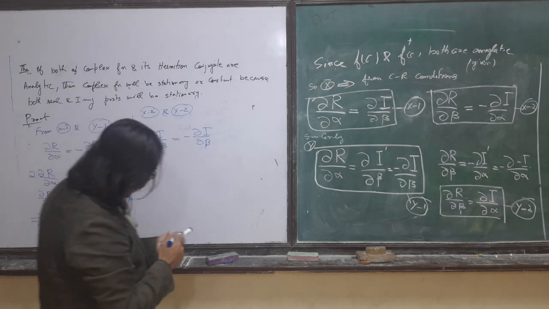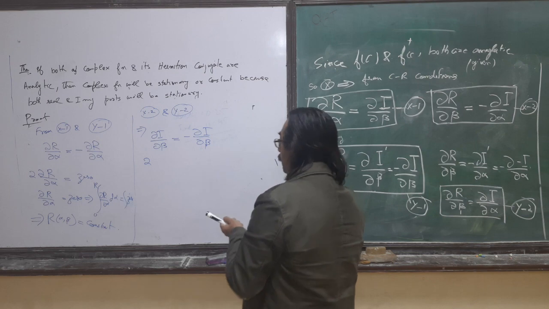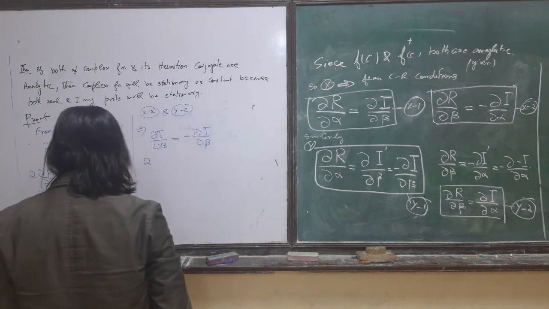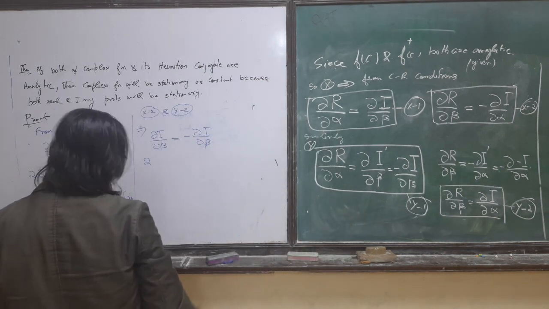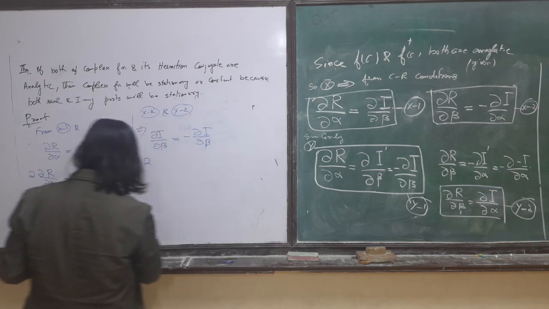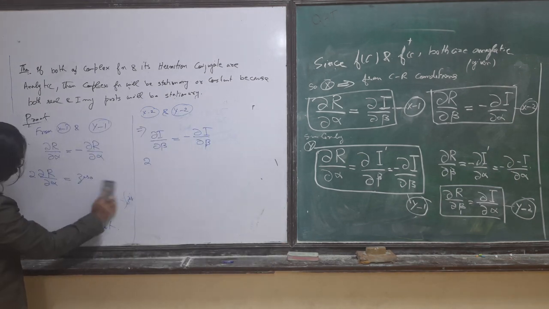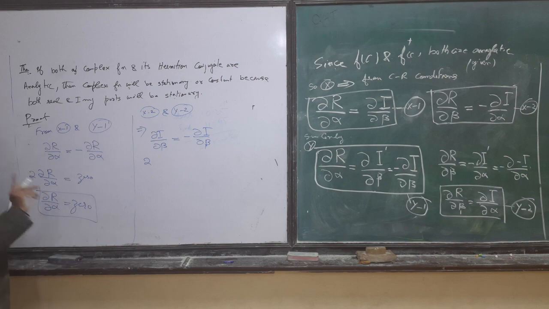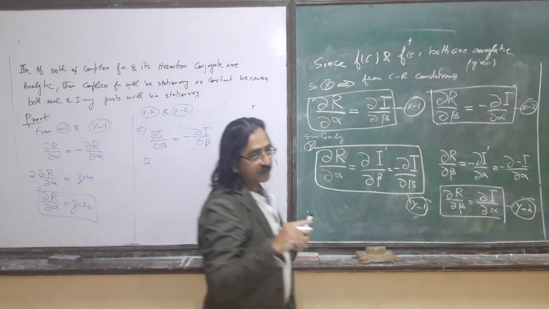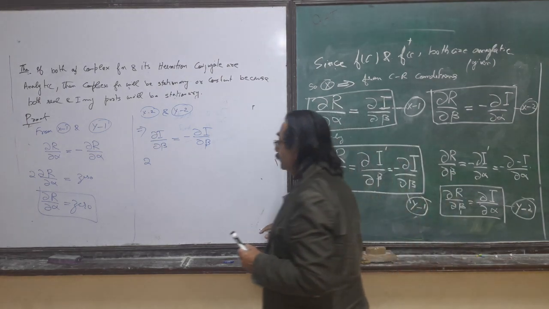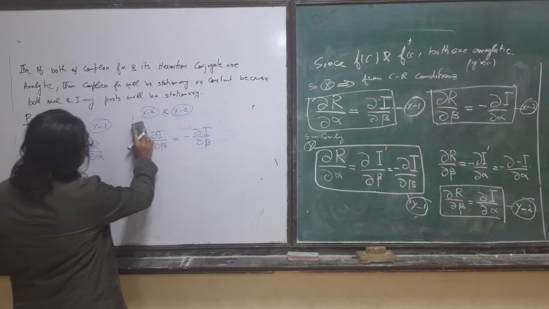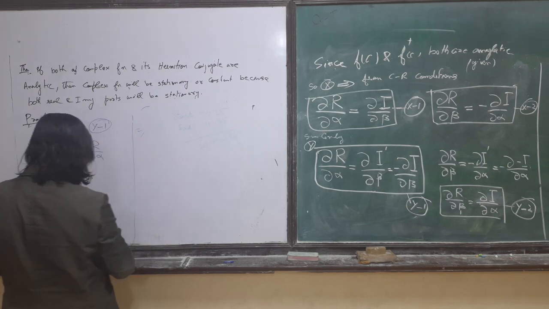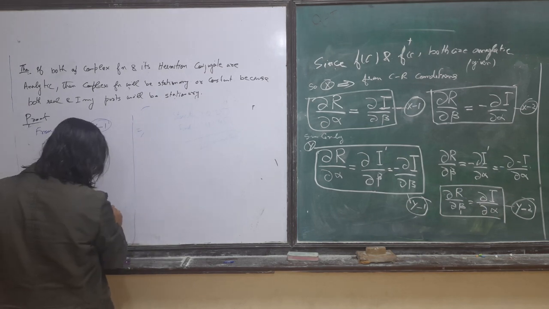Partial R over partial alpha must be equal to 0. Okay, partial R over partial alpha is 0. This is Z1.